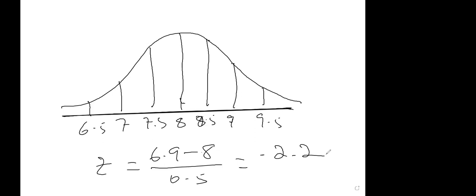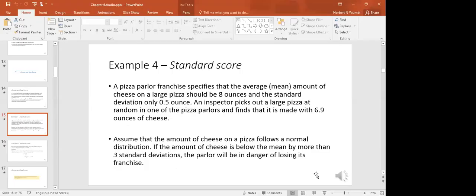The standard score is more useful than this, especially for those who don't have a calculator. If you want to do your problems manually, the standard score will become very useful.